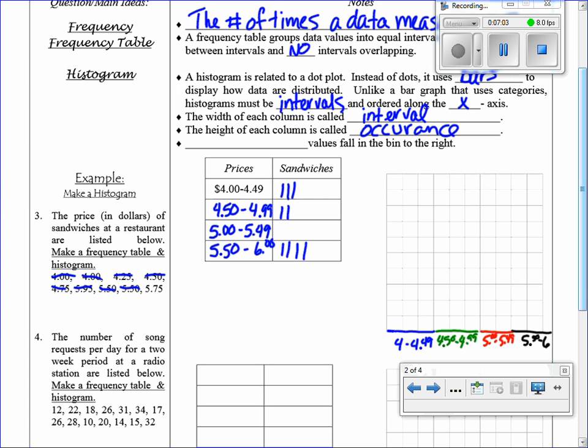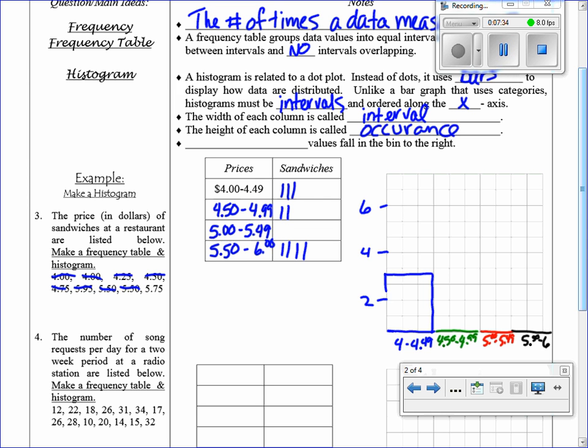Okay, anyway. So now this is going to be the frequency on the left side. So let's say 2, 4, 6. Now, the number of sandwiches from 4 to 4.49, we'll say that goes up to about here, right?